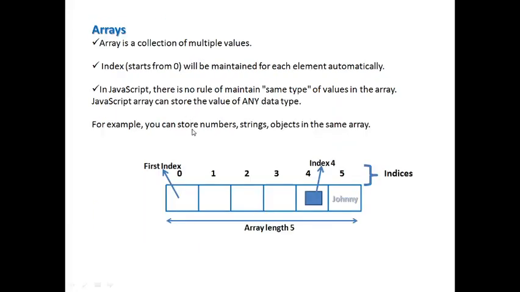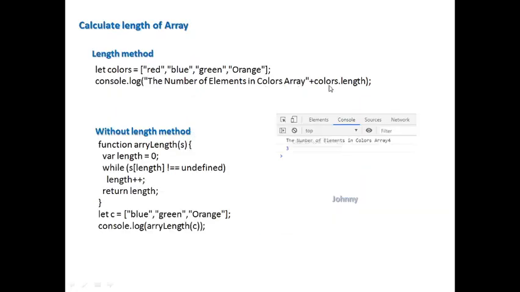We started with the length method, which prints the length of elements. As it is 4 here, it prints 4 in the console. Next we used the snippet that checks the array index value. If it is undefined, it stops the loop, or else it increments the length. At the end, it returns the value. So this is how we have done it.